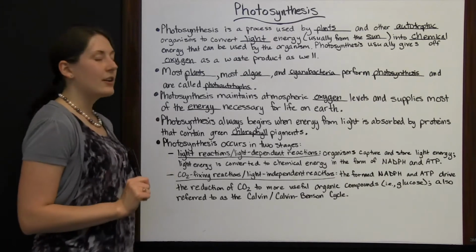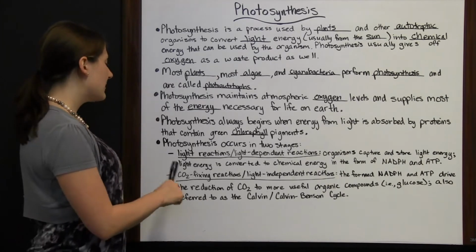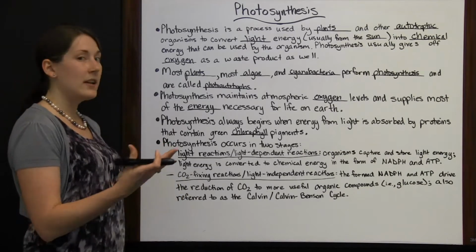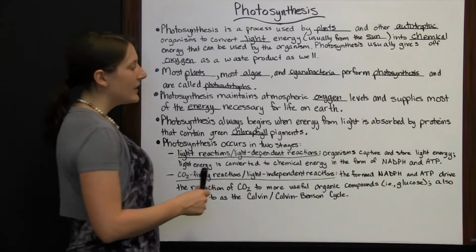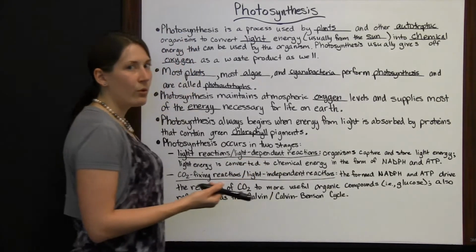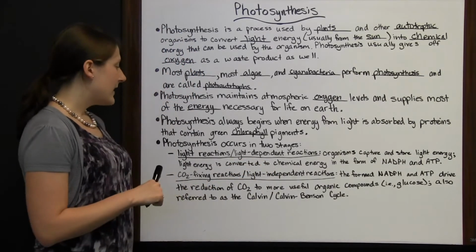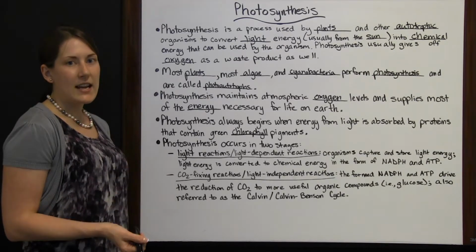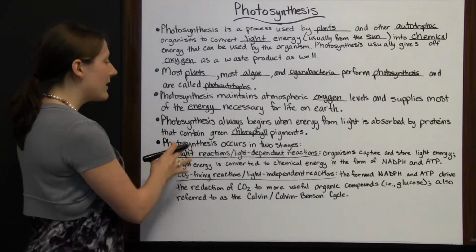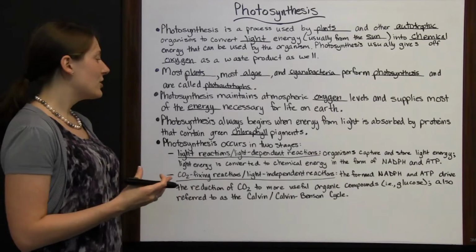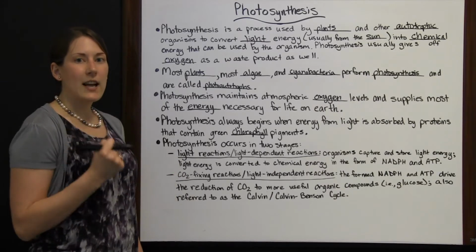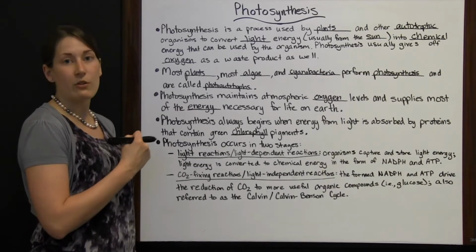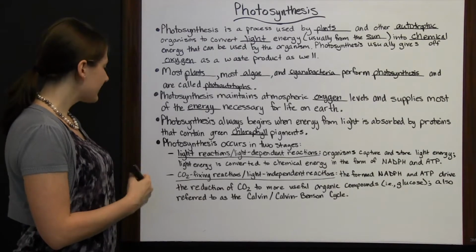And photosynthesis occurs in two stages. You have your light reactions or light-dependent reactions, so these depend on light to happen. And it's when organisms capture and store the light energy. The light energy is converted to chemical energy in the form of NADPH and ATP. So in this light reaction stage, the light energy is actually captured, turned into a chemical form of energy that can be stored or immediately used if necessary.